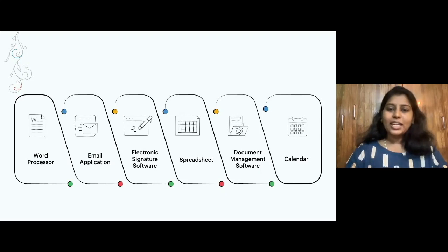All of this metadata is stored with the help of a spreadsheet. And when the volume of contracts increases, they make use of a document management software to store all their contracts in a single place and manage them. And then a calendar to keep track of all important milestones, be it renewals or obligation fulfillment.